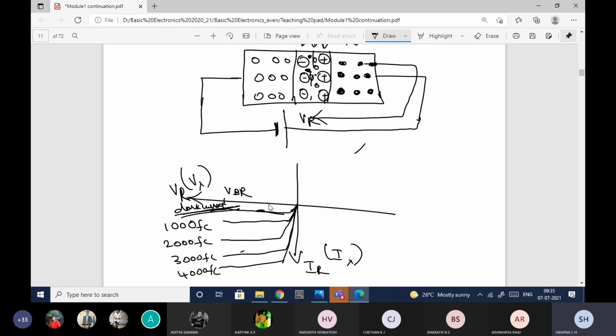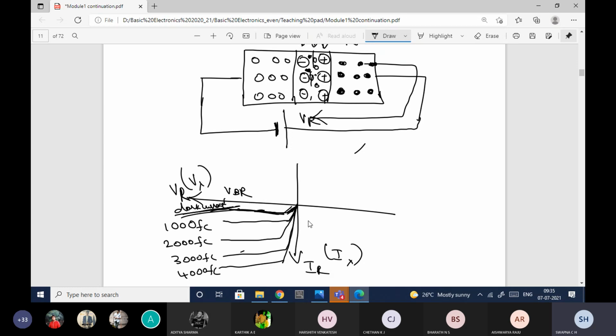So that dark current should be very less, so that the actual principle of the photodiode is developed in the proper way. The main thing is you need to make sure the dark current is minimum.